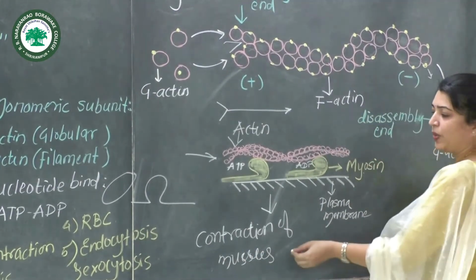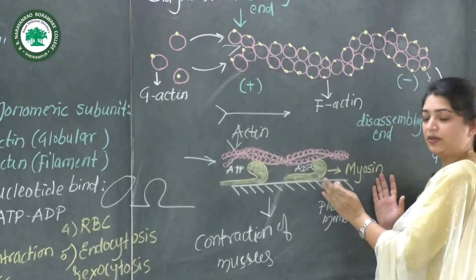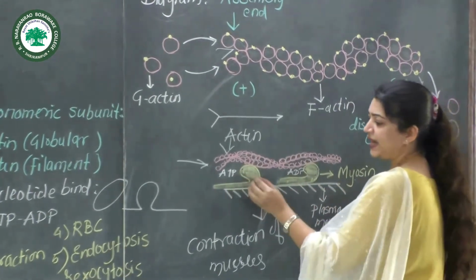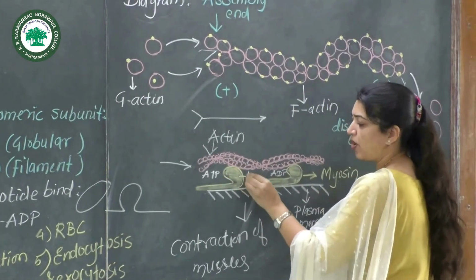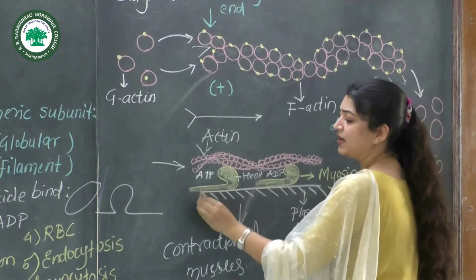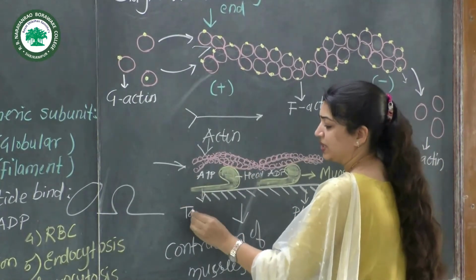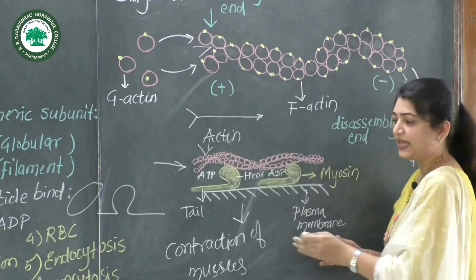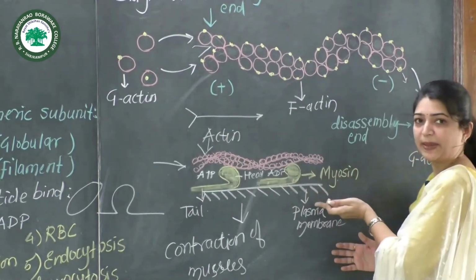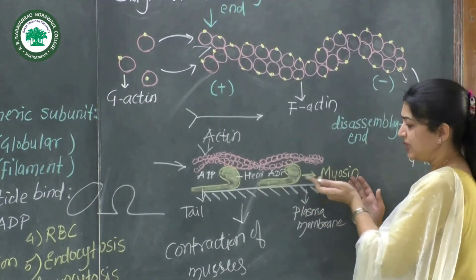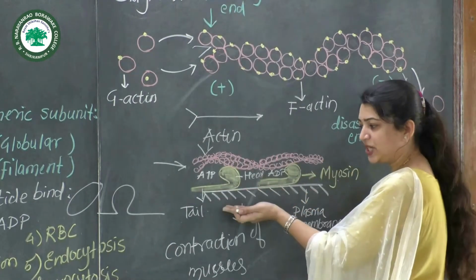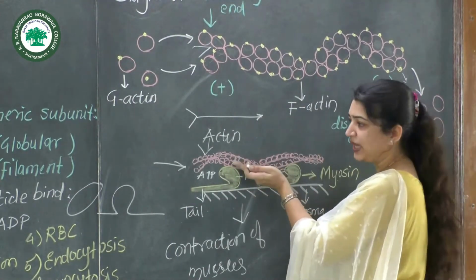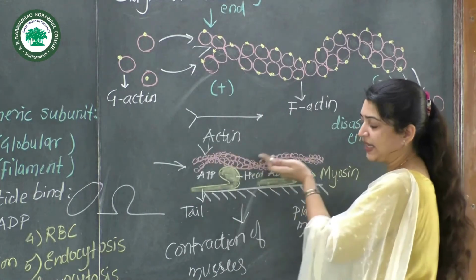Why? If you see the structure of myosin, there is a head, this is called the head, and this is the tail region. The tail region is attached to the membrane, and the head is attached to the actin filament.